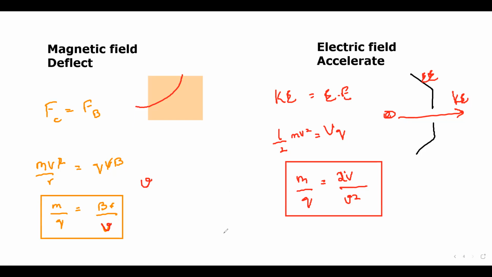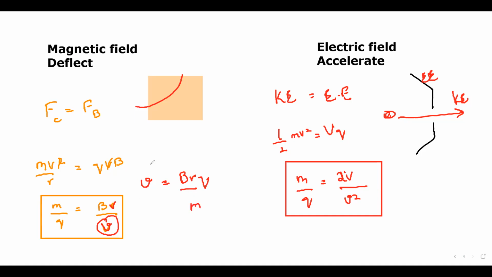In the magnetic field formula, it is BR over v, because Q I move to the denominator and R I move to the numerator. So the mass to charge ratio is BR over v. If I want to work out this v, it will be equal to BR times q divided by m.